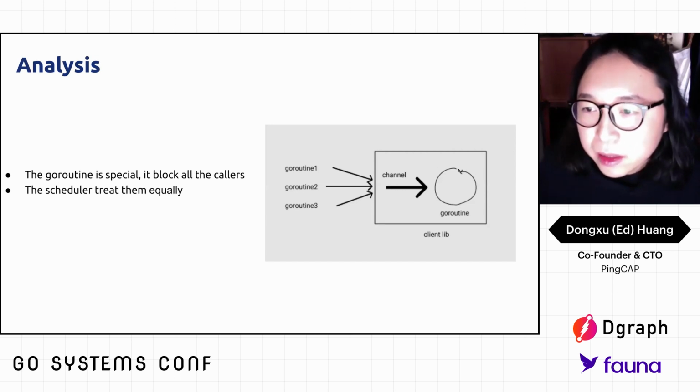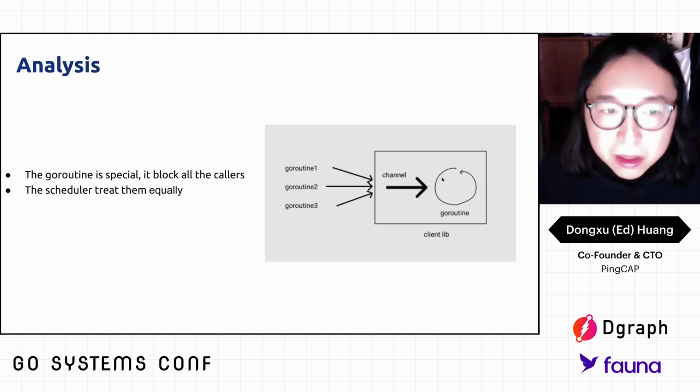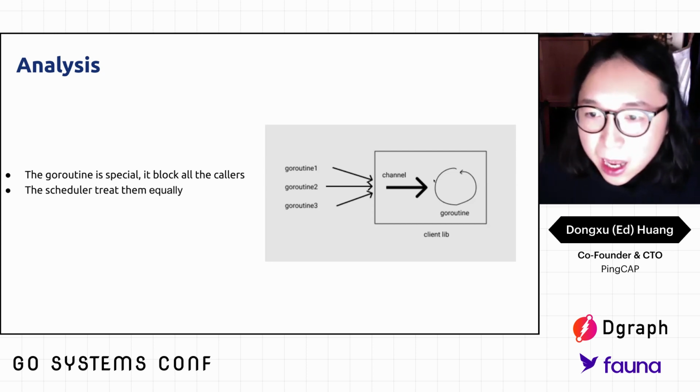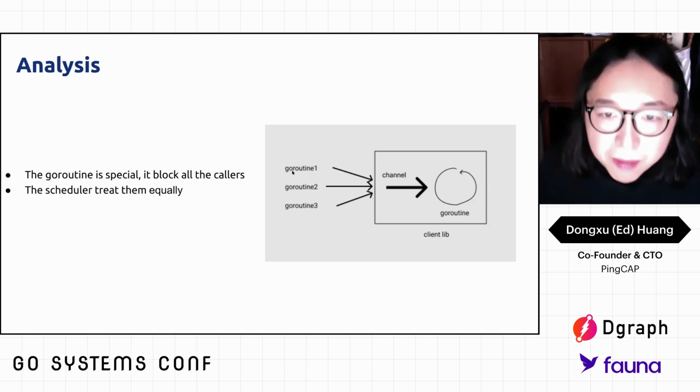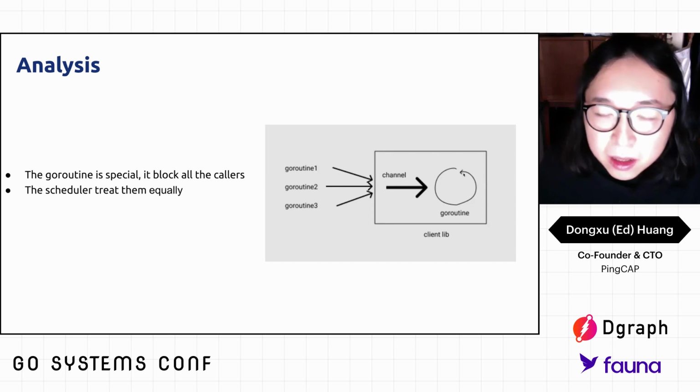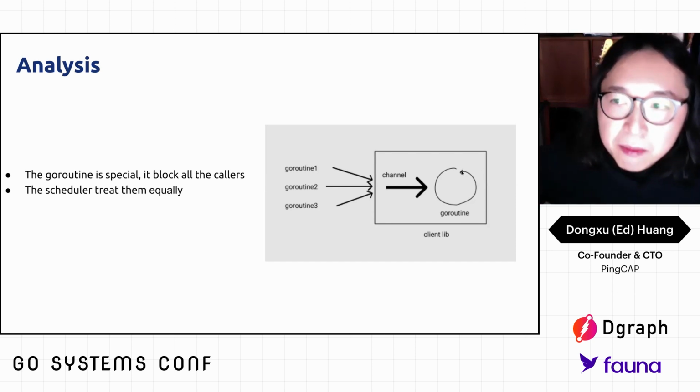But in this pattern, this goroutine is very special, because you have to wait for this goroutine to handle the request and then return back to the requesting goroutine. So this one is special, but the runtime may do context switching, and this goroutine may not get enough CPU time. So that's the root cause of this kind of situation.